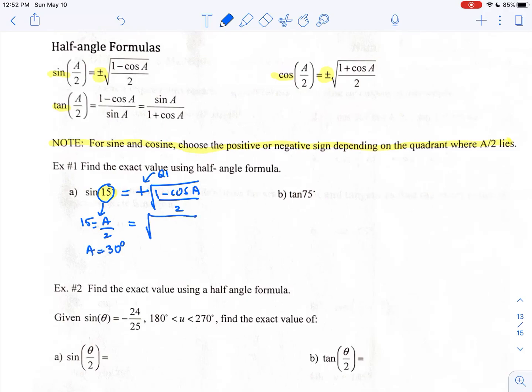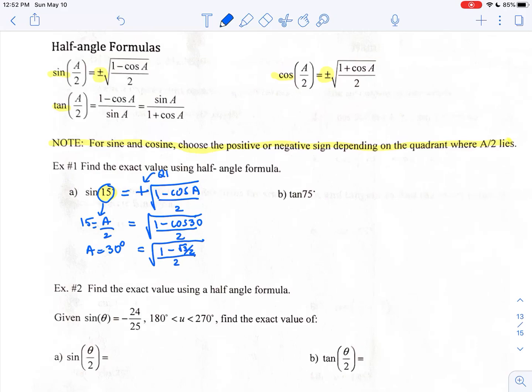And it would make sense that I'm plugging in 30 degrees because that's what I do have information on, so that I can solve for something like sine of 15 degrees, 15 degrees being something that I don't have information on. So when I simplify that further, I get cosine of 30 degrees is radical 3 over 2.